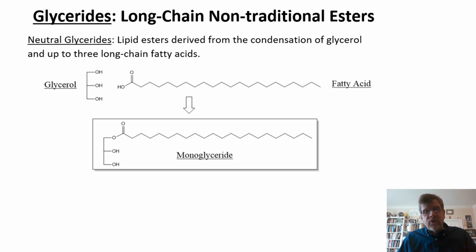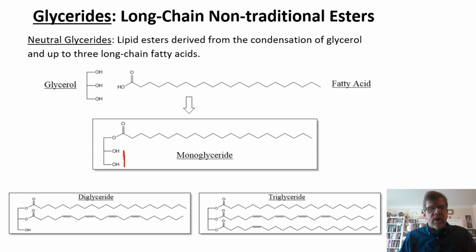Now, of course, we have 2 other open hydroxyl groups on our glycerol, and if those are connected to long-chain fatty acids, we can have 2 other types of structures. We can have diglycerides, in which we have 2 of our alcohol groups on glycerol esterified with a fatty acid.